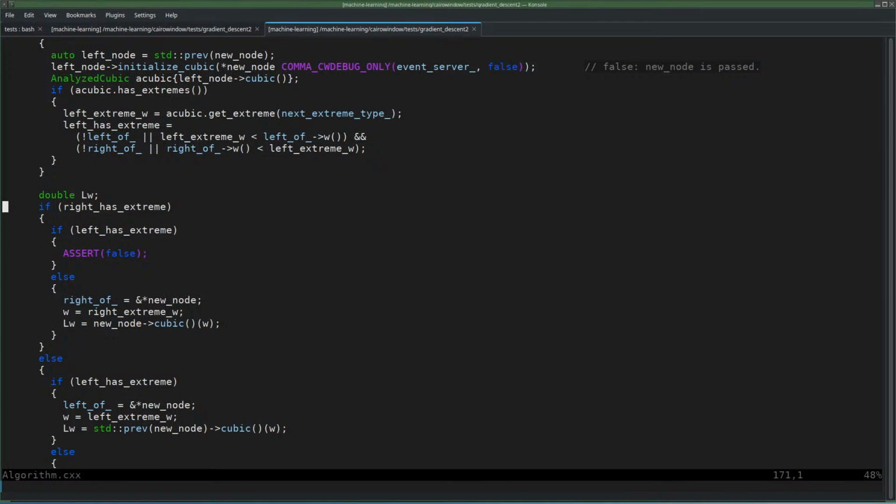So if only one of them has an extreme in that region, I have to jump to that. What you're doing here, changing that, setting.